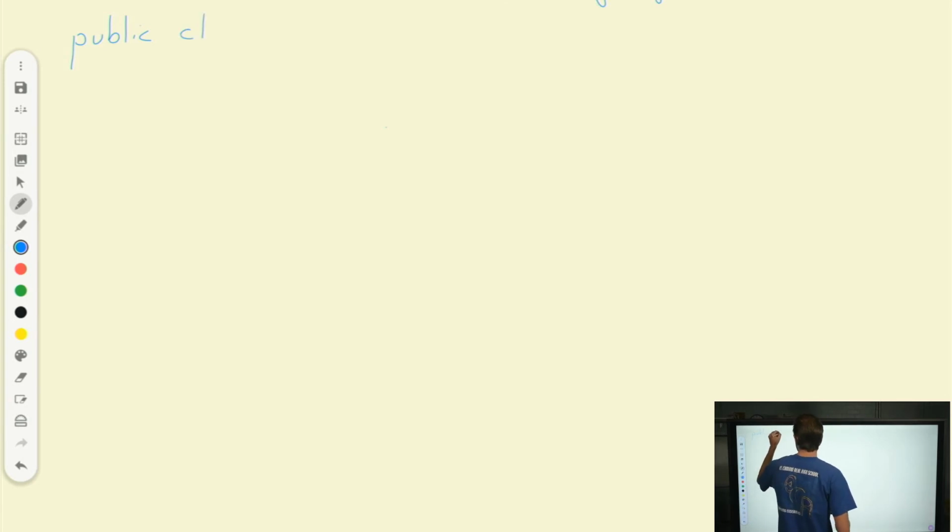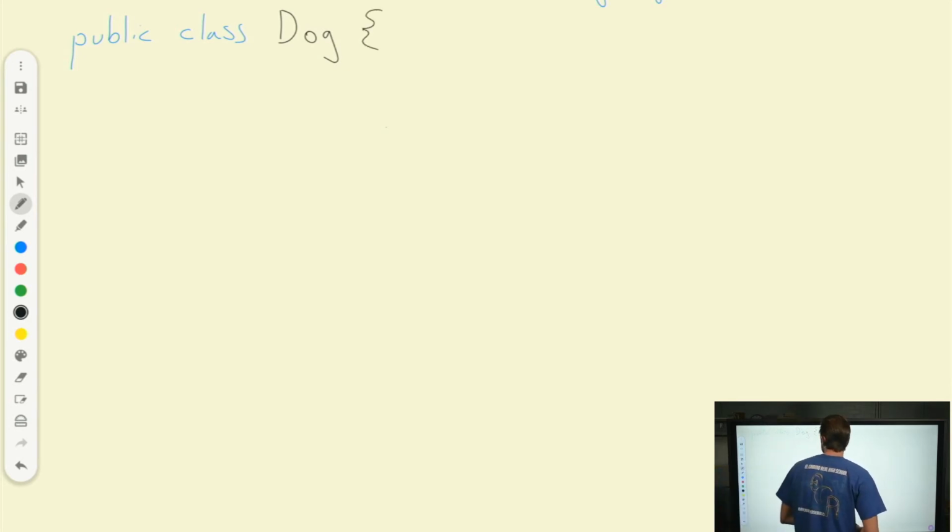Then we're going to have the keyword class. And again, this tells Java this is a class. So it's a public class that anyone can access. And then we write the class name, Dog. Convention says we're going to capitalize our class name, and then we simply open a curly brace, and that becomes the start of our class.